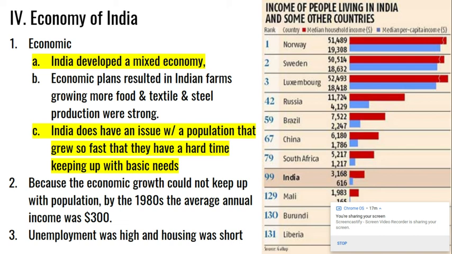This is a problem across Asia, an issue of population and the country not being able to keep up with the basic needs of what the population of the country demands. So this map on the right is just showing you how low the average median household income and median per capita income is. I mean, in the 80s annual, so yearly, the average yearly income in India was $300.